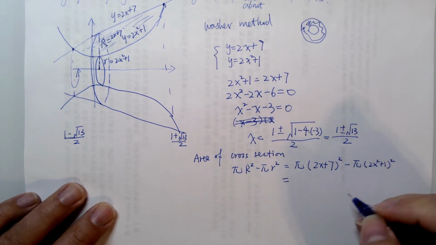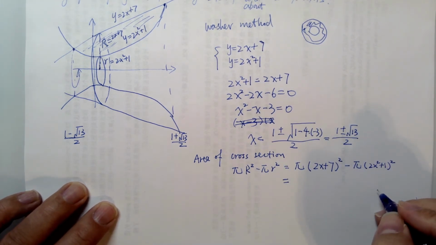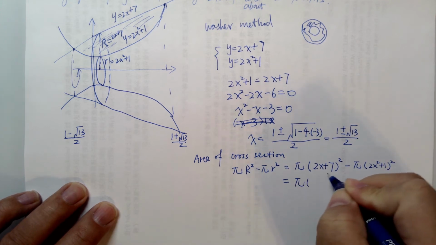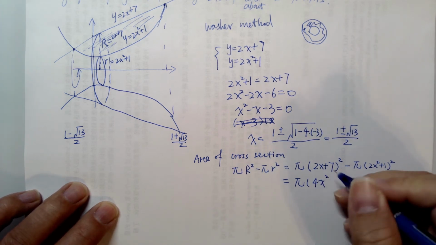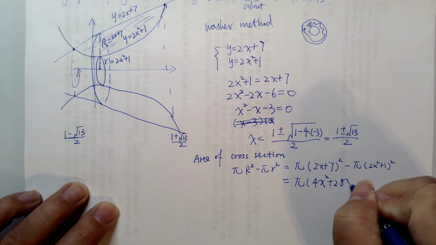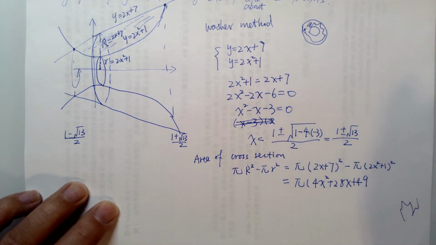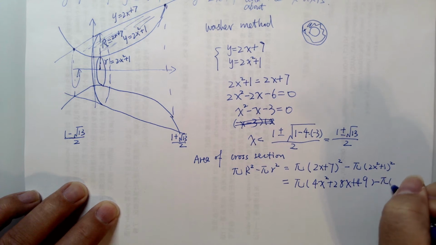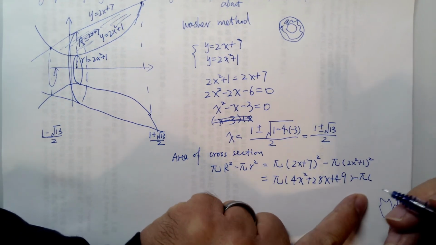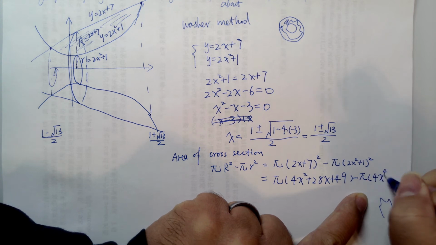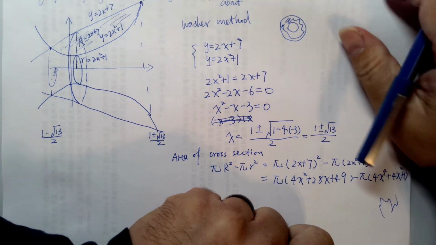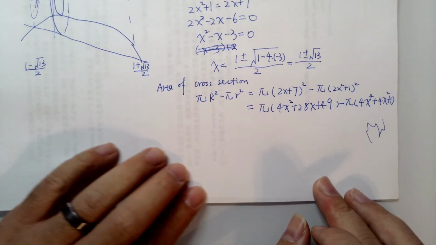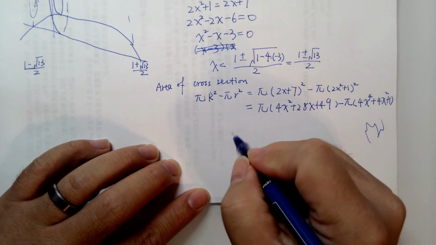So when we have that, it might be better to just expand it. I have pi times 4x squared plus 28x plus 49, and then minus pi times 4x to the fourth plus 4x squared plus 1. Okay, so now put all the pieces together and we'll see what happens.